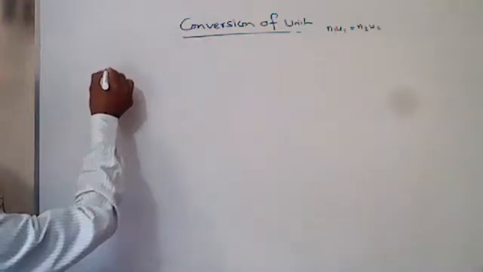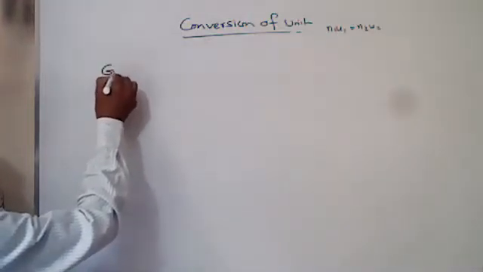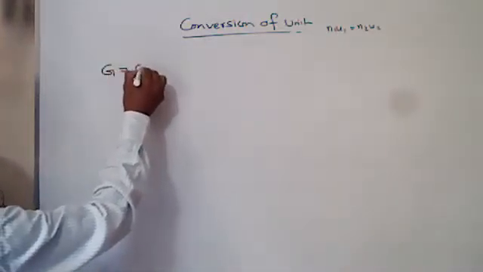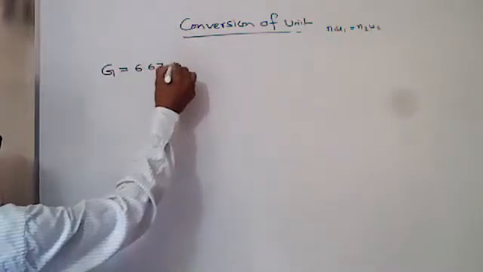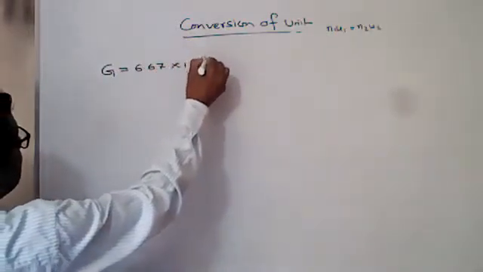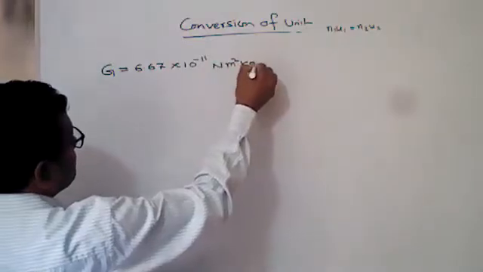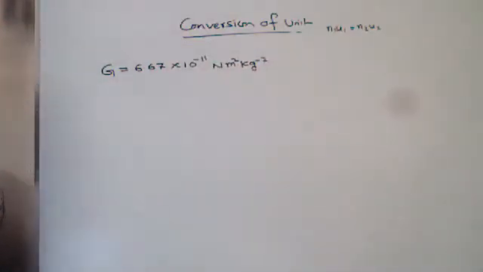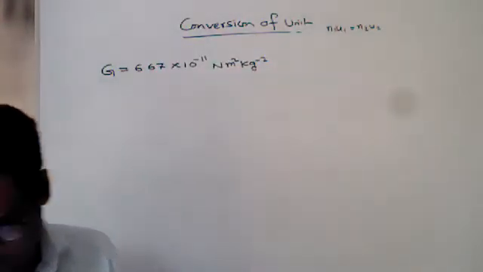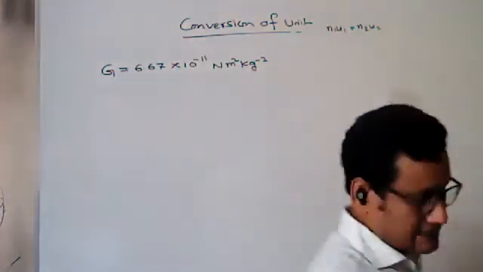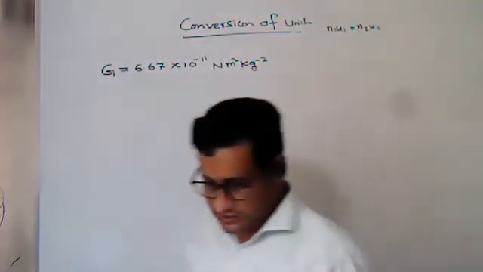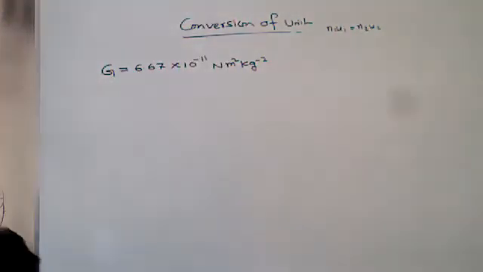We know the gravitational constant G equals 6.67 into 10 to the power minus 11 Newton meter square kilogram inverse 2 in the SI system. In the SI system, the value of the gravitational constant or universal constant G equals 6.67 into 10 to the power minus 11.